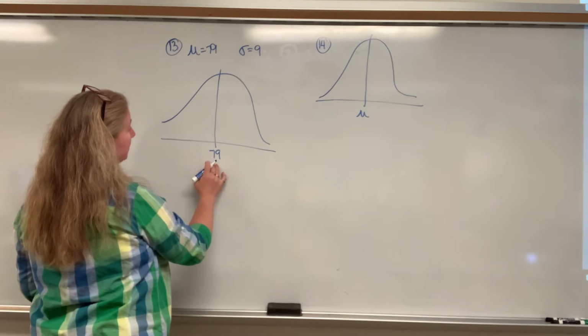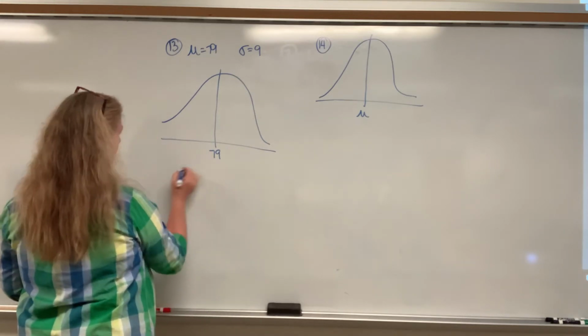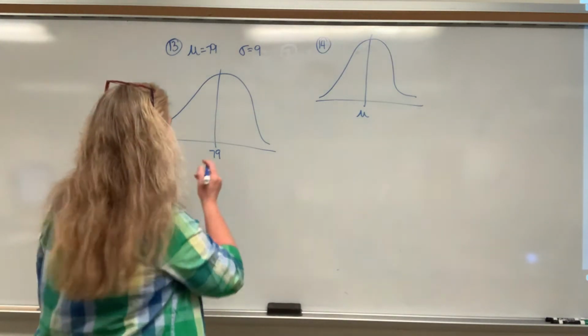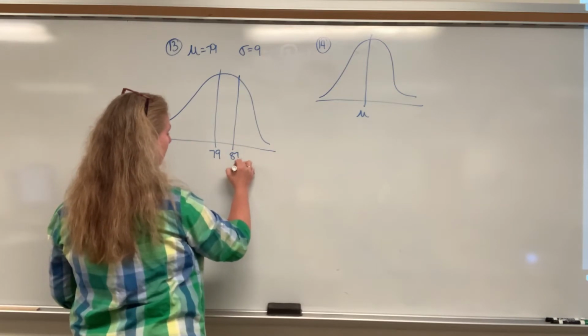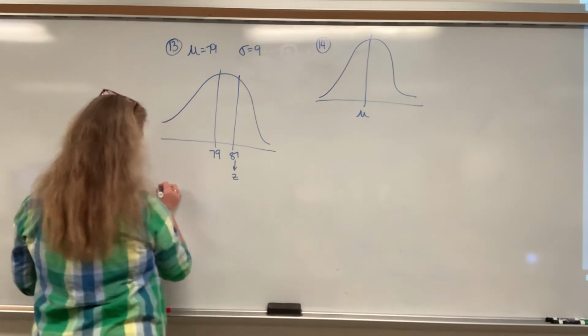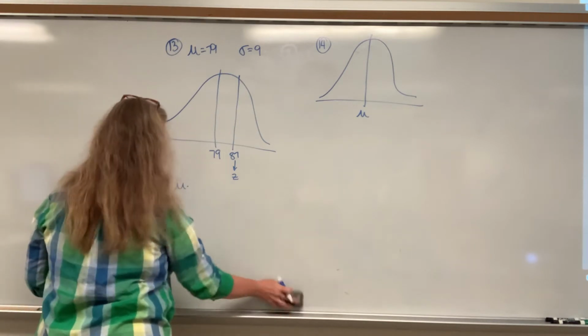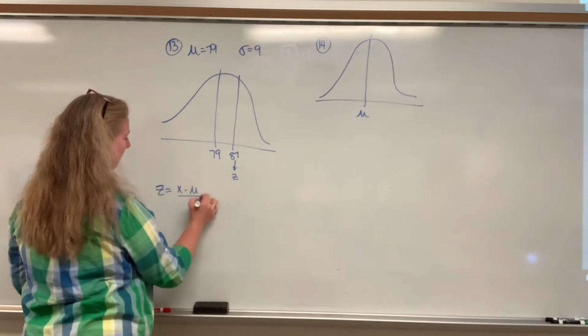So if mu is 79 and the standard deviation is 9, then for an 87, what is the z-score? z equals x minus mu over sigma.